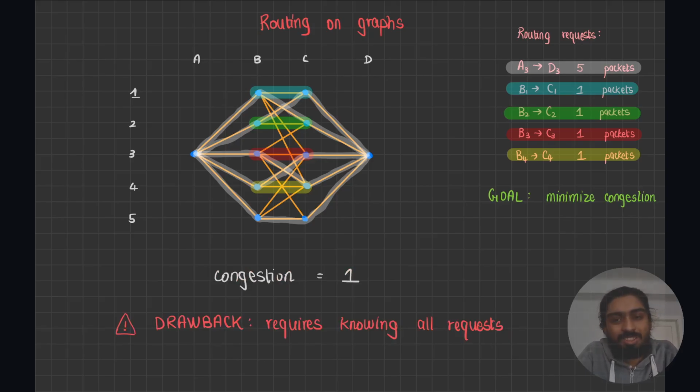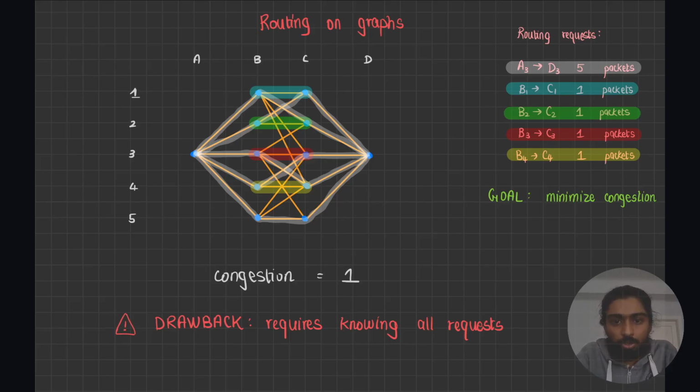What's the problem with this? This assumes that you know all the routing requests in advance, which is not usually the case. Usually you get the routing requests in an online fashion, where first you route a request, and then you get a request which you need to route after this, right?